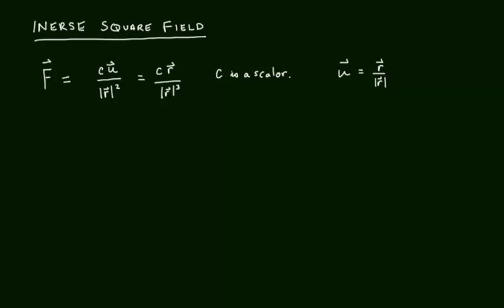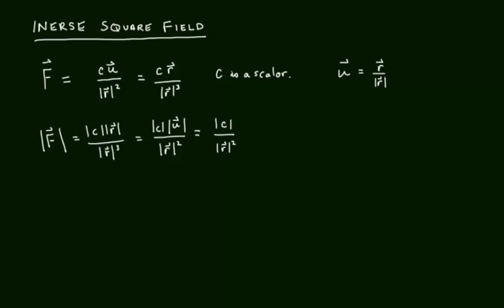To explain why this is called an inverse square field, if we take the magnitude of this vector, then we're going to get the magnitude of all these components, which then is C over magnitude of r squared.